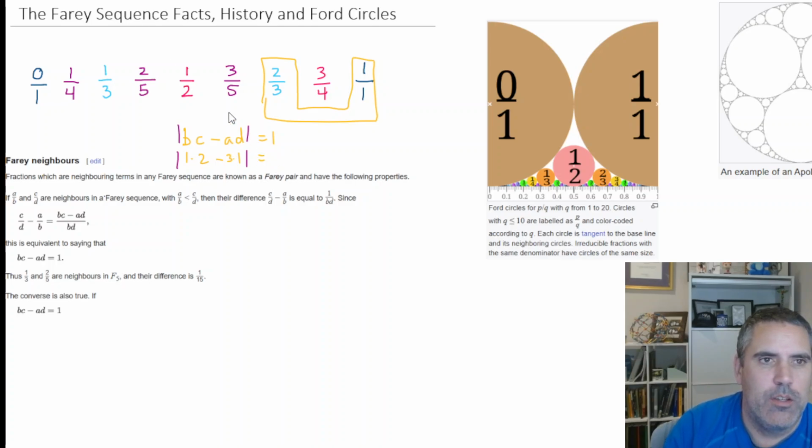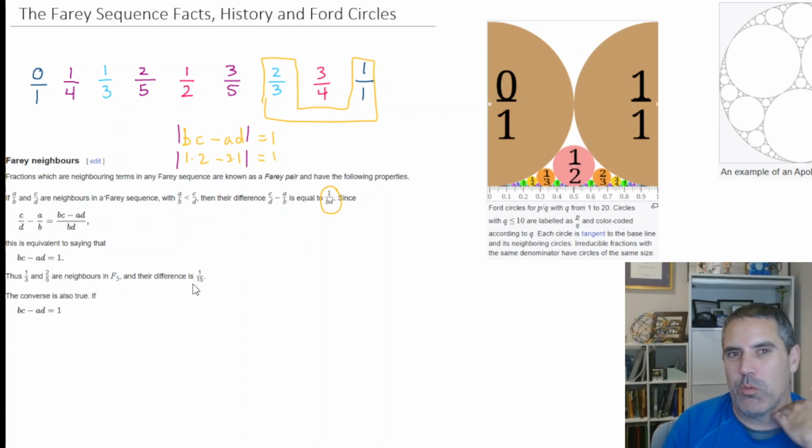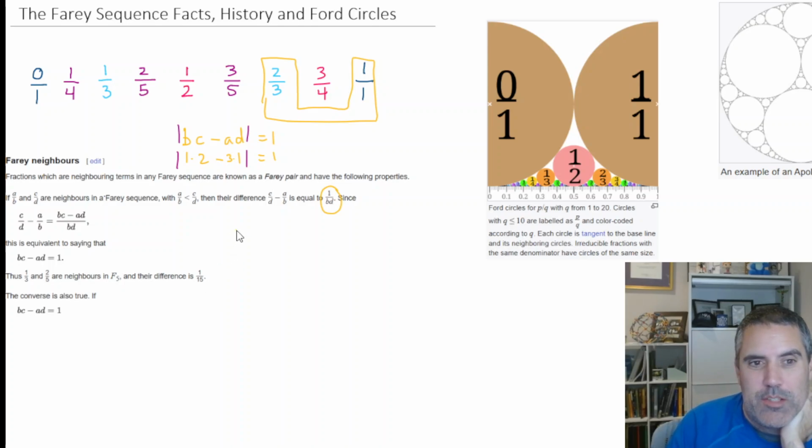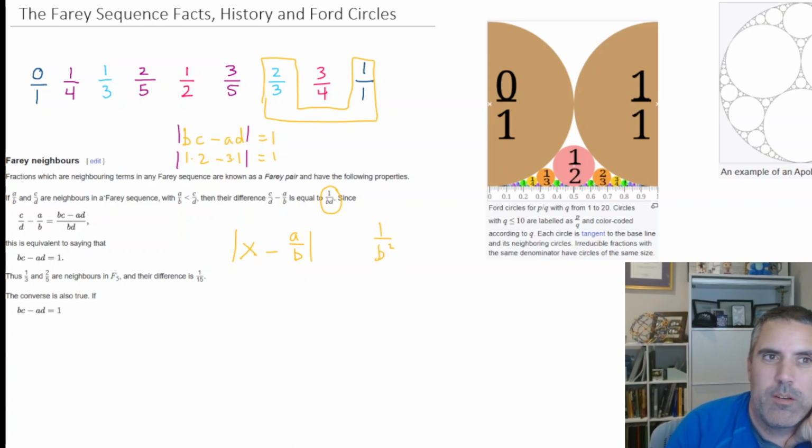So that's an interesting property, and it implies that the distance between neighbors is always 1 over the product. And that's useful in terms of approximations. Like if you're approximating a number by some fraction a over b, you sometimes can say something about it being bigger or smaller than something over b squared, or something related to b squared.